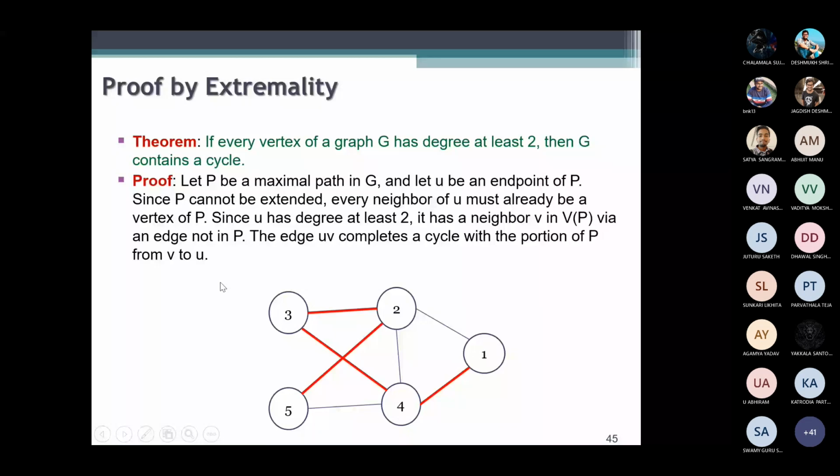So what it tells us: G is a finite graph.